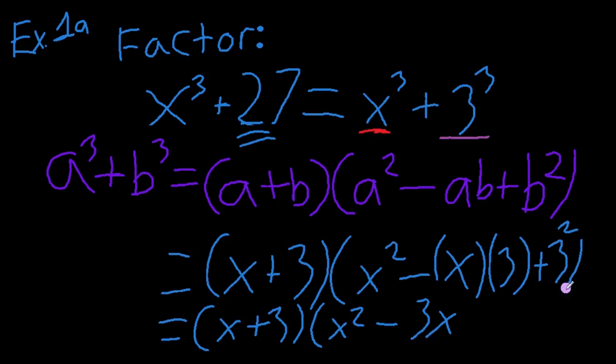And then the 3 squared, what's 3 squared? Please don't say 6. 3 squared is not 6. 3 squared is the same thing as 3 times 3, which is 9. Okay? So this is our final answer. The binomial x plus 3 times the trinomial x squared minus 3x plus 9.